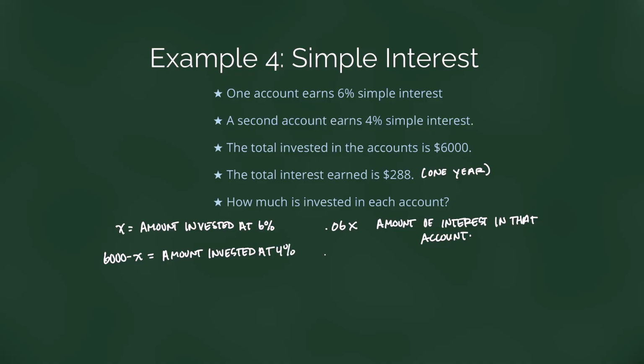So that 0.04 times 6,000 minus X is going to be the interest at 4%. Well, the two amounts of interest, the 0.06X plus the 0.04 times 6,000 minus X, that has to be our total amount of interest after 1 year.